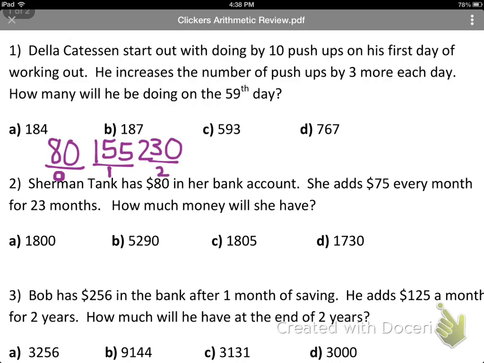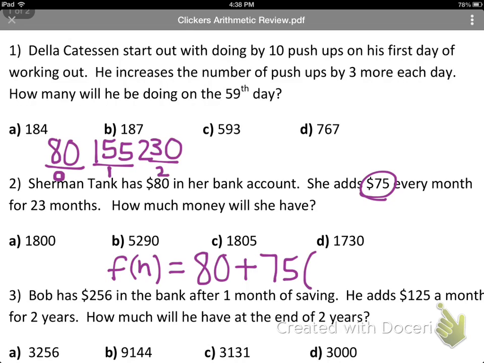So in this one, again, we can do that same form. If we're going to use the 80, then our slope is still 75 every time. We're going to have 75. Then we've got 23 months that we're finding, but if you just want to put n for now, that's fine. And then because it's the 0 number, 0 months, we actually use 0.